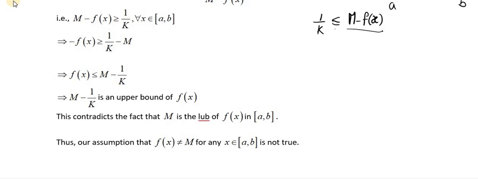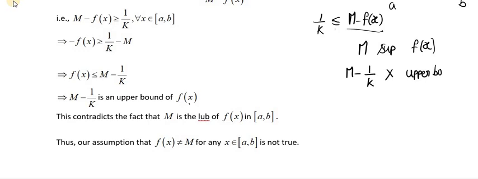Observe, f of x is less than or equal to some real number. Then we can say that this is an upper bound of f of x. But this quantity is less than M. We already fixed capital M as the supremum of f of x. From the definition of supremum, a real number less than M is not an upper bound.